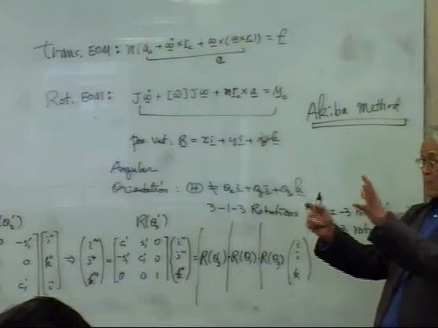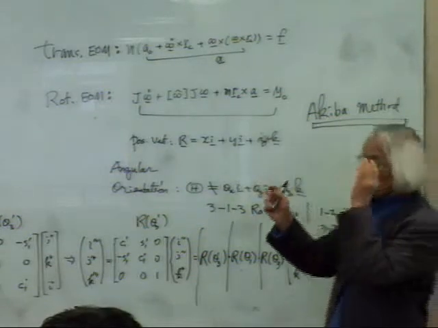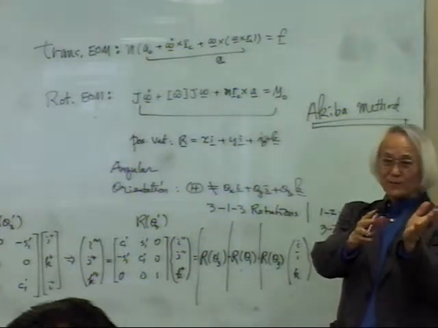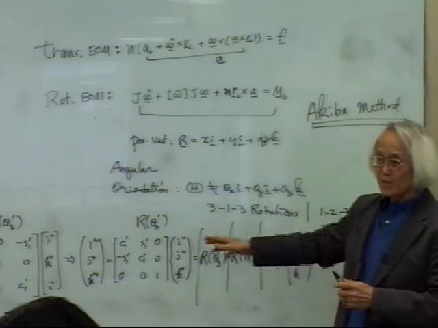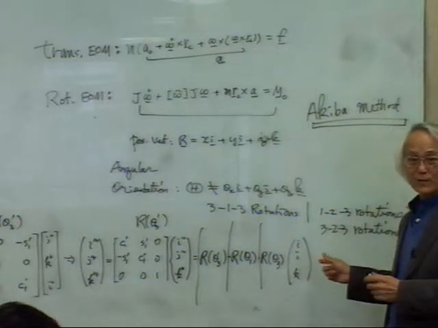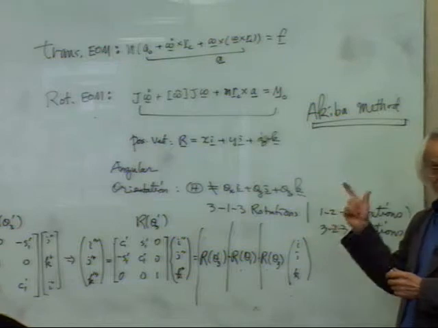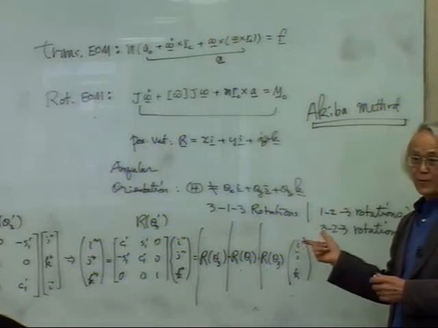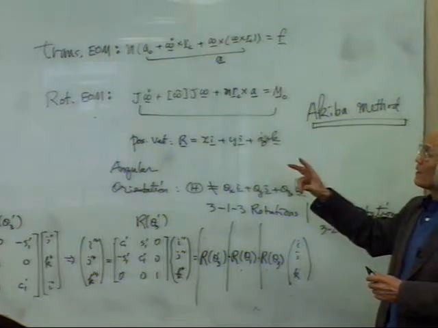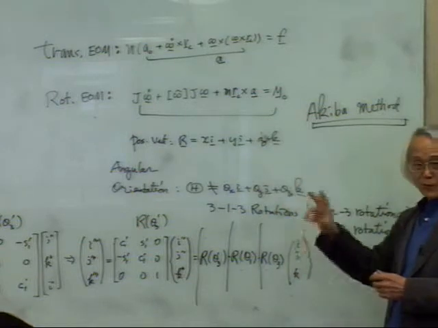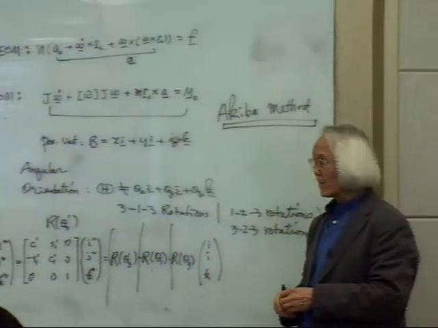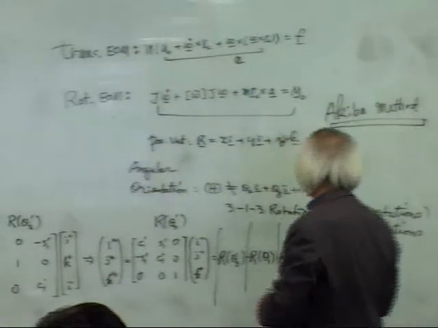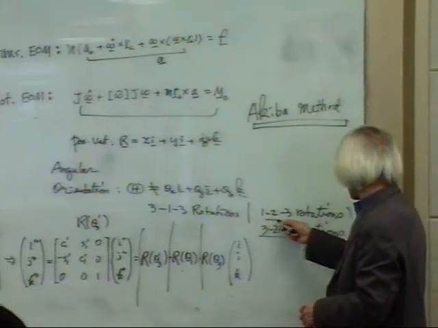You have an initial orientation, you have a final orientation. You can decompose in many different combinations. And this is where the trouble comes from in describing the rotational motions. Okay? So there are many different representations.